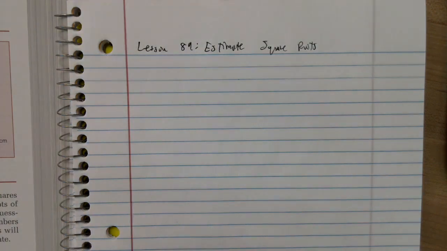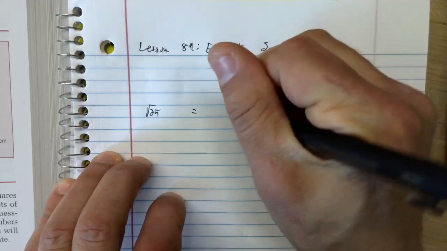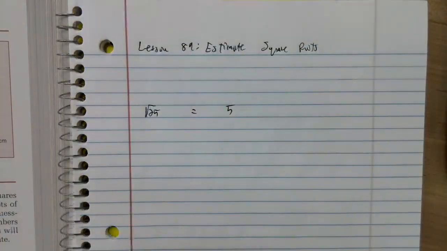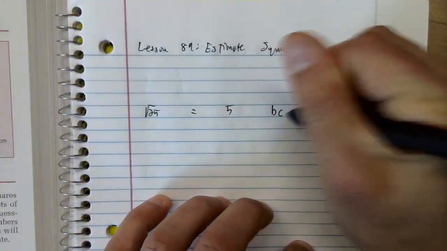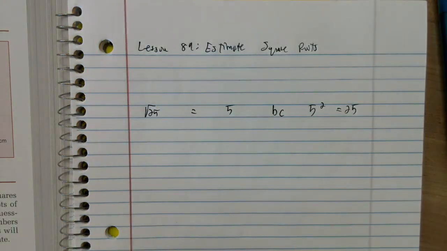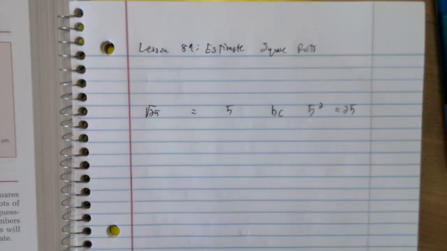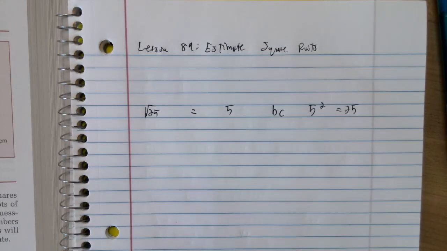Okay, so if I asked you a simple question like, what's the square root of 25? 5, because 5 squared equals 25. If you understand all of that entire line, the square root of 25 is 5 because 5 squared is 25.